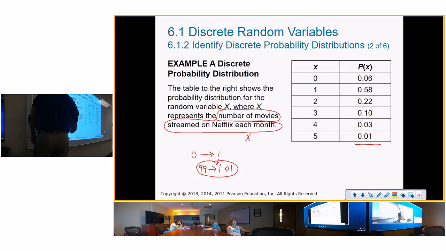So the summation of your P of X has to equal 0.99 to 1.01. Remember, some books say 1.00. It depends on what your book says, and the slide here will probably say that.